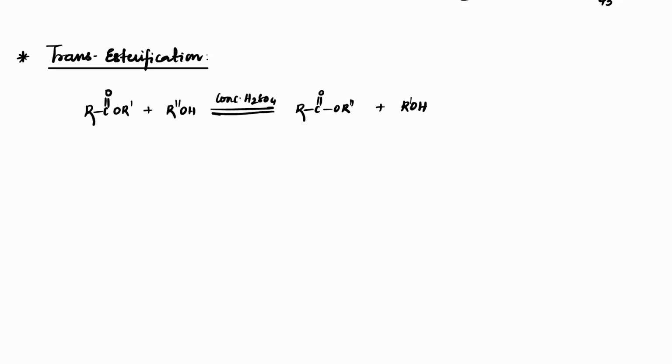So one ester form is converting into the other ester form. To do that, we should have at least a 1:8 mole ratio, so that you have an excess amount of this alcohol, which will push to remove this RO minus. So this is called trans-esterification, everybody.